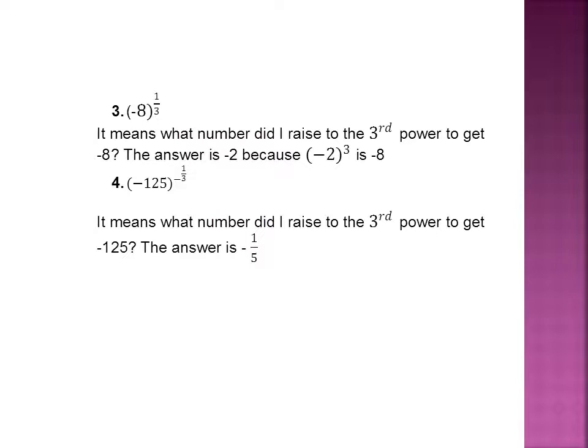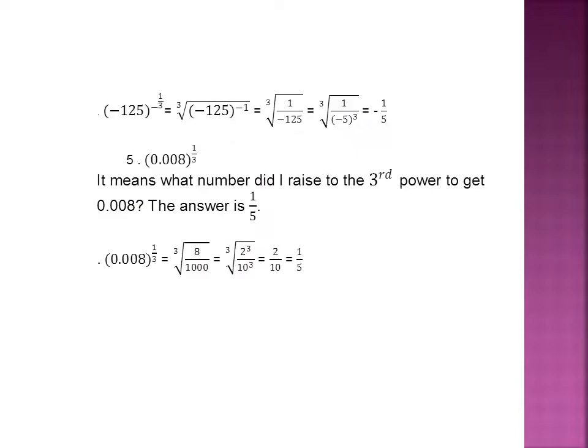The answer is negative 1 divided by 5. This is how we solve. Since the denominator is 3, we are talking about the cube root. So we have to find the cube root of negative 125 to the power negative 1.